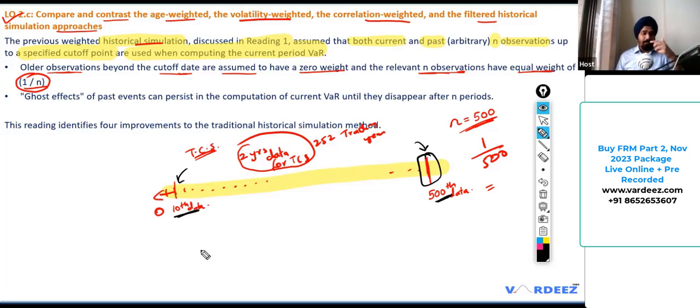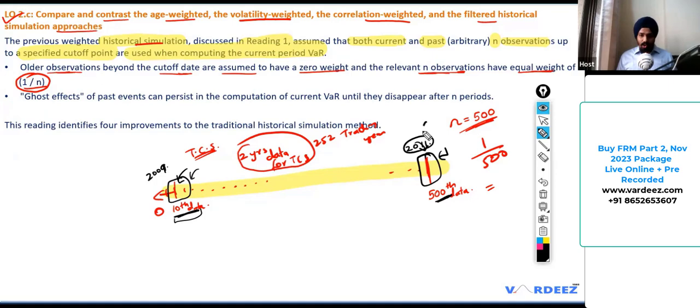Now, why is it problematic? Because maybe this might have been crisis data of 2007, or rather 2009. So maybe in mid 2009, we had data which was very much volatile. But right now, fast forward to 2011, maybe the market has stabilized and we do not see much volatility here.